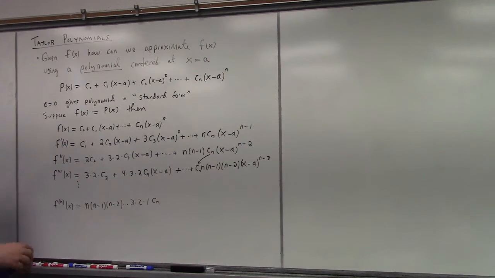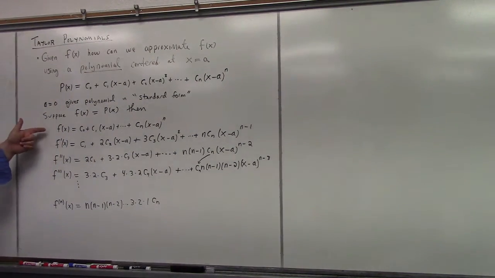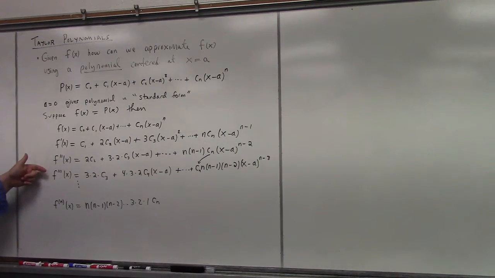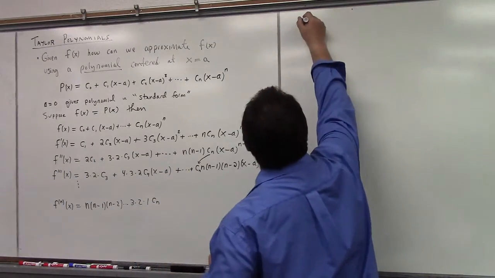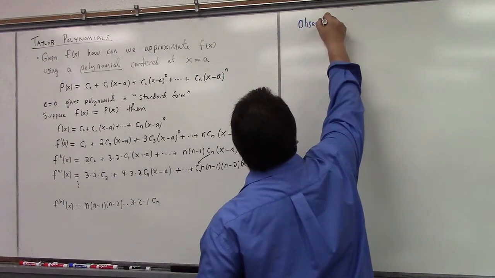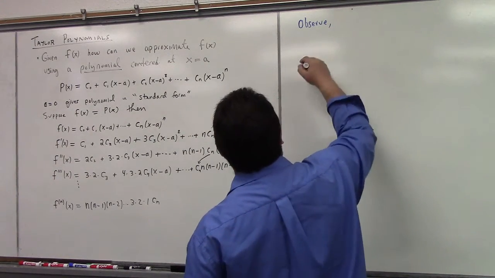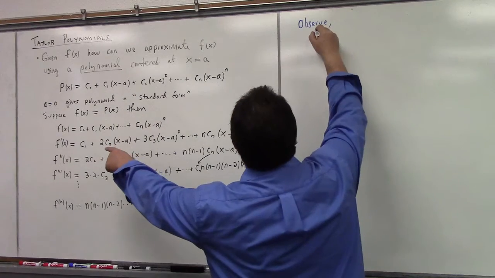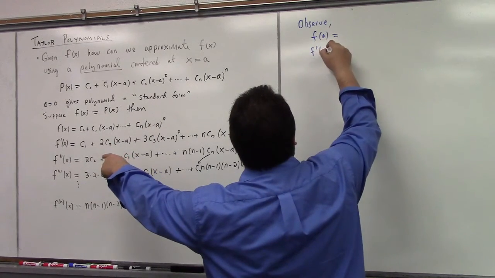So what happens then is if we evaluate each one of these at a, what do we get? What is f of a? What's f prime of a equal to?